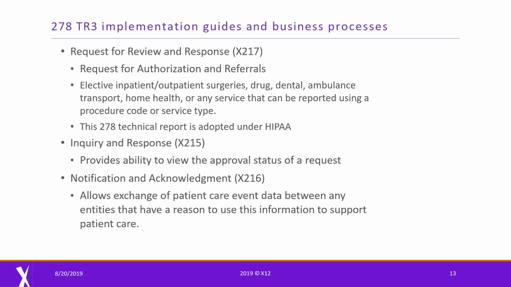But the inquiry is actually built a little bit more robust, where you can also do an inquiry on multiple events within the provider's database. In those types of scenarios, when you submit an inquiry transaction, the requesting provider wants to look at as many events as possible, for example, then it's up to the payer to decide what events to send back.